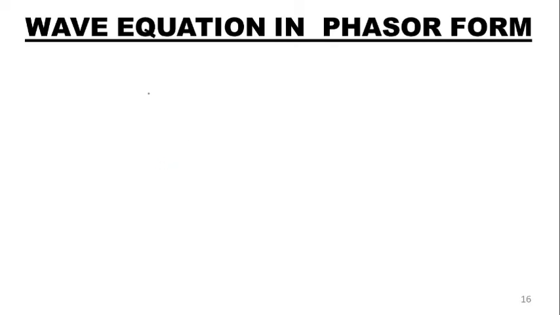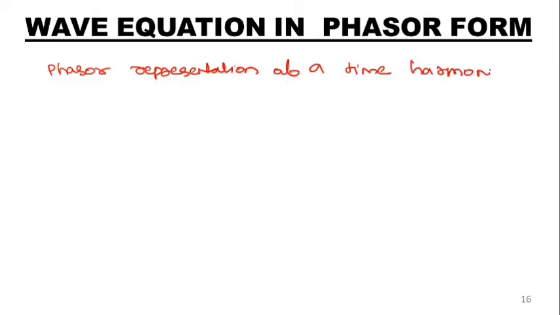Let's see. Phasor representation of a time harmonic field. We are talking about the Phasor representation of a time harmonic field. So what do you mean by time harmonic field?